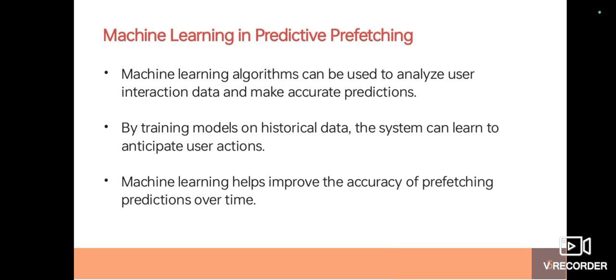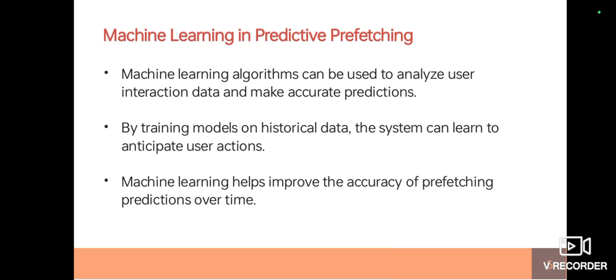Machine learning in predictive prefetching. So how would machine learning help in predictive prefetching? Let's know. Machine learning algorithms can be used to analyze user interaction data and make accurate predictions. Machine learning is a way of analyzing data and making accurate decisions. By training models on historical data, the system can learn to anticipate user actions.